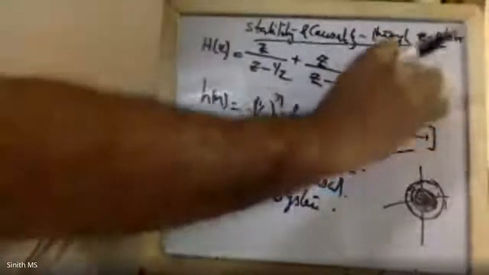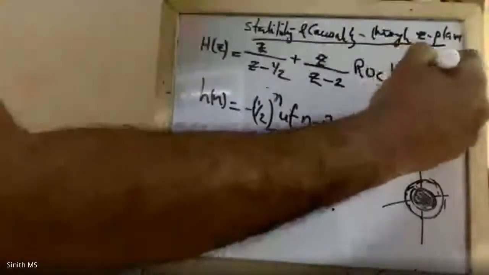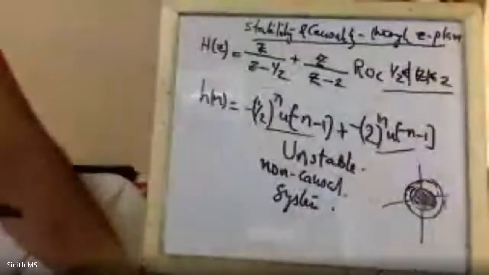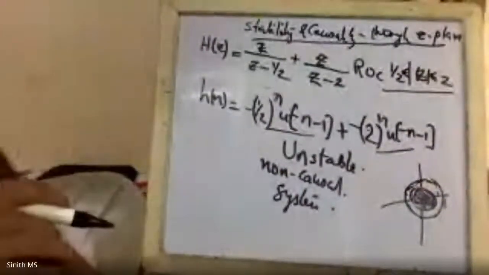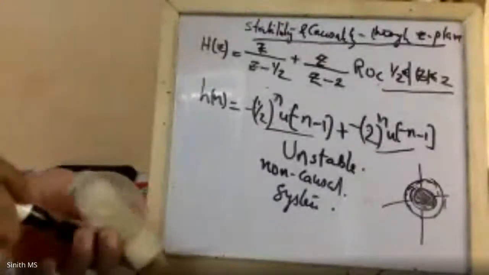Say |z| is between half and 2. In that case, can you tell whether the system is causal or non-causal, or stable or unstable?